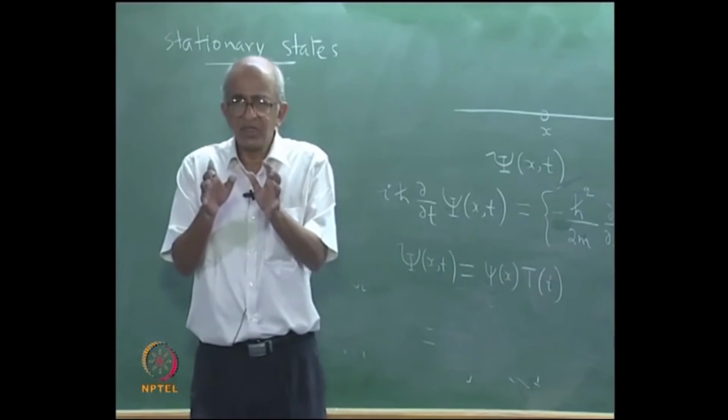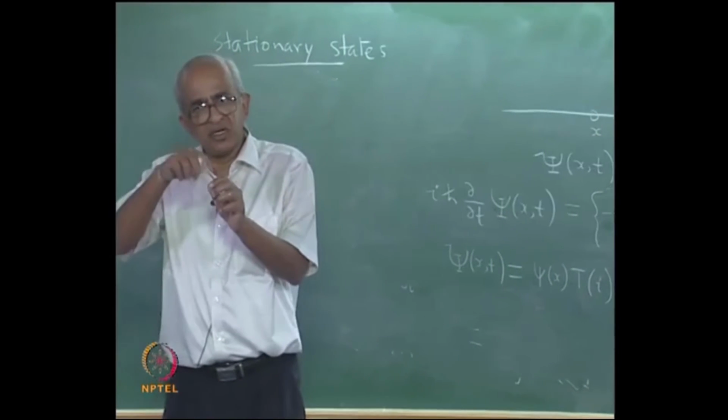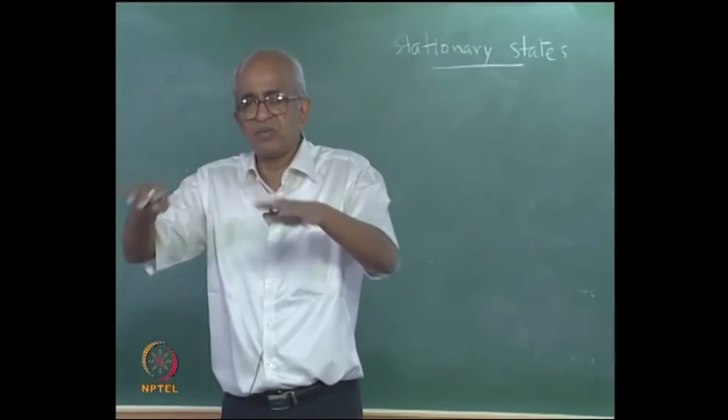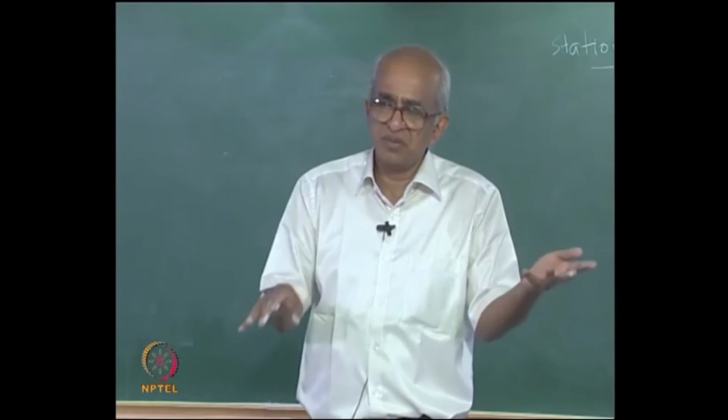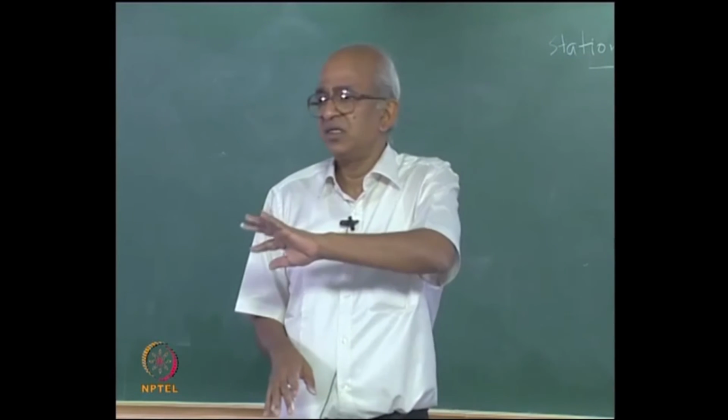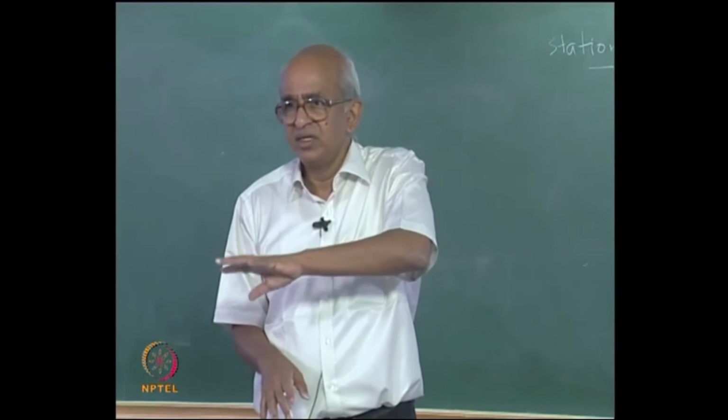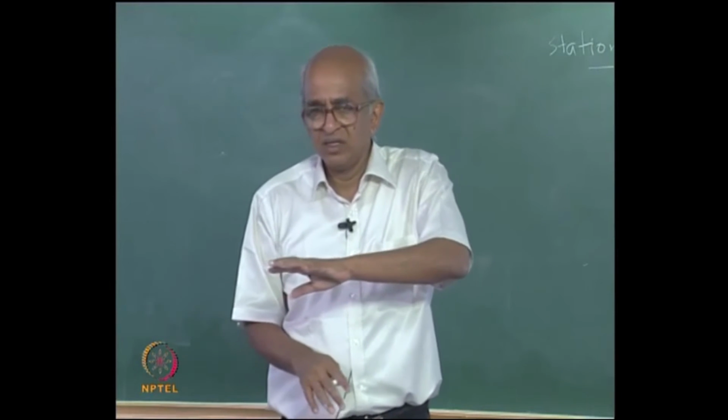So, I have split my total wave function, which actually depends upon x and t, into two separate parts. The first part depends only upon x, the other depends only upon the time t, right.